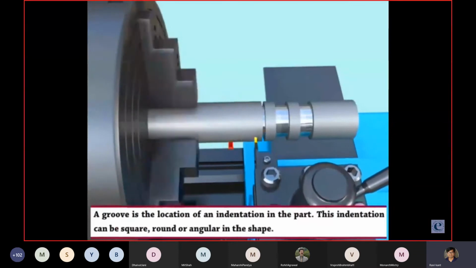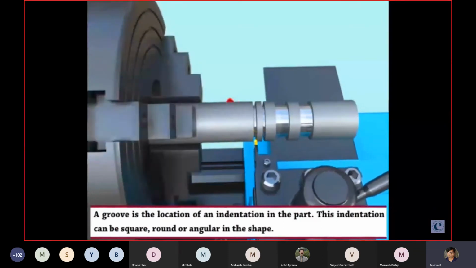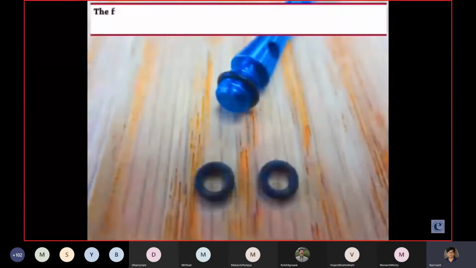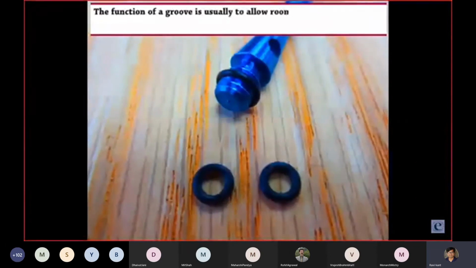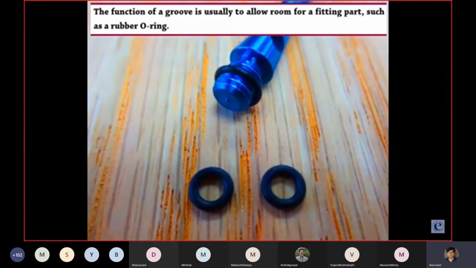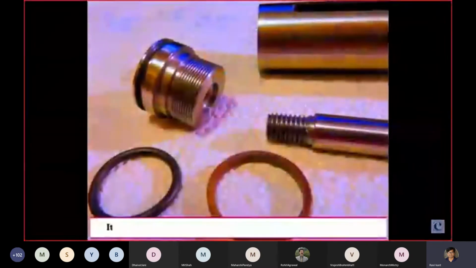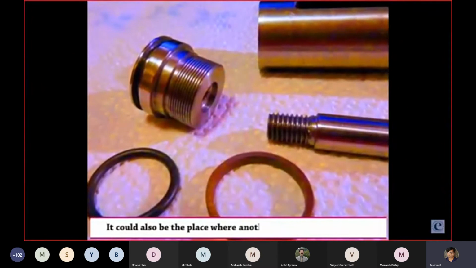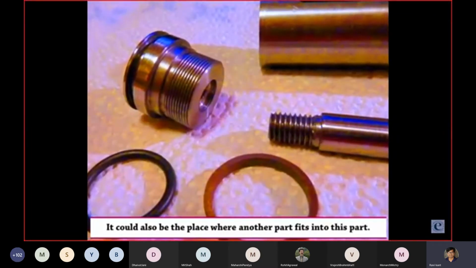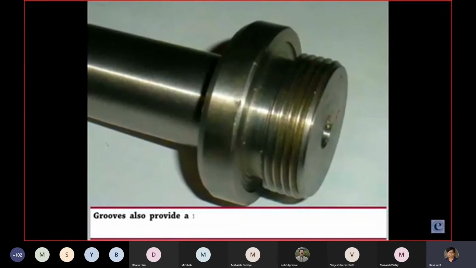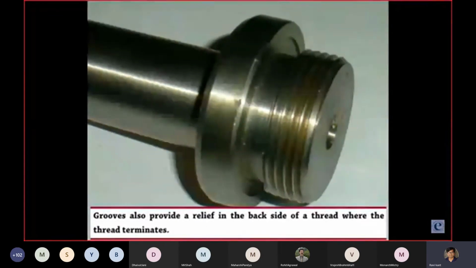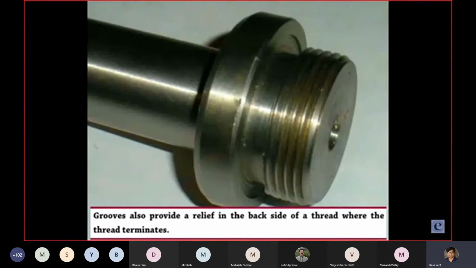This indentation can be square, round, or angular in shape. The function of a groove is usually to allow room for a fitting part such as a rubber O-ring. It could also be the place where another part fits into this part. Grooves also provide a relief in the backside of a thread where the thread terminates.